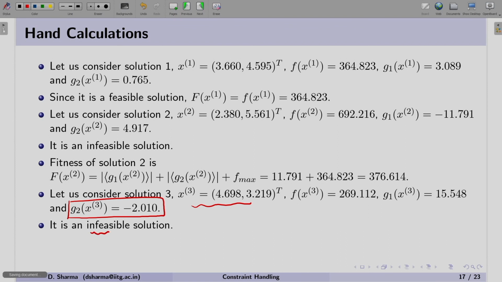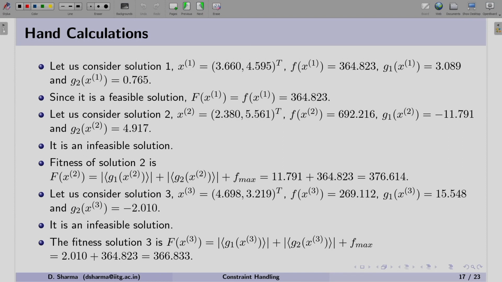Since it is not satisfied, this particular solution is an infeasible solution. So, in this case, we are adding the constraint violation plus F max. Since g1 is satisfied, it is going to be 0, and we consider the positive value of g2. So, we can find the fitness of solution 3 as F max plus the constraint violation.